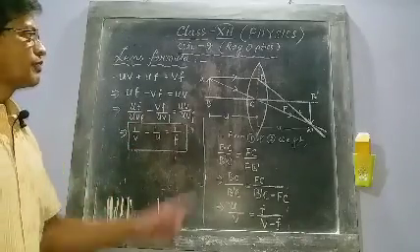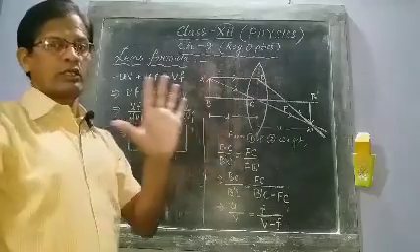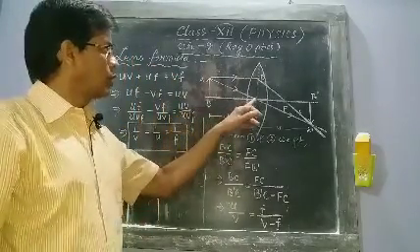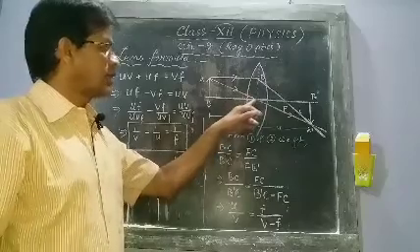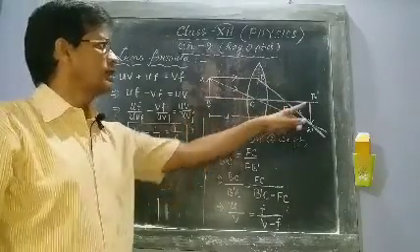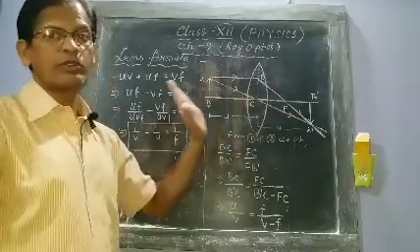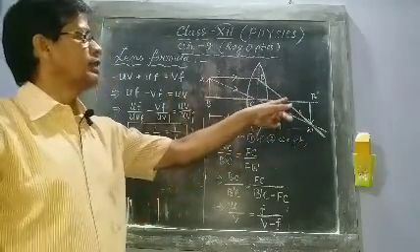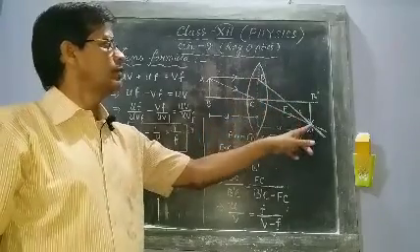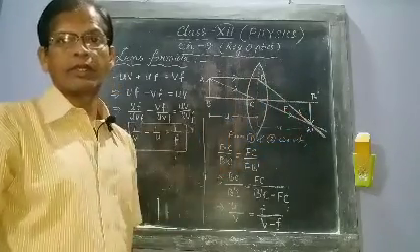Very simple. You have to show similar triangles at C and at F. At C, ABC and A dash B dash C, and from this you get a relation. And at F, DCF and A dash B dash F are similar.